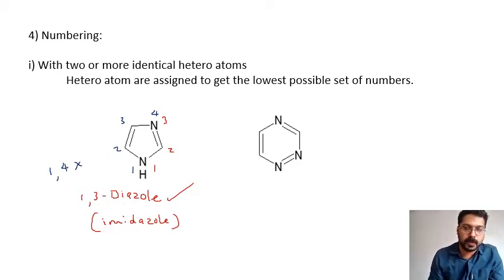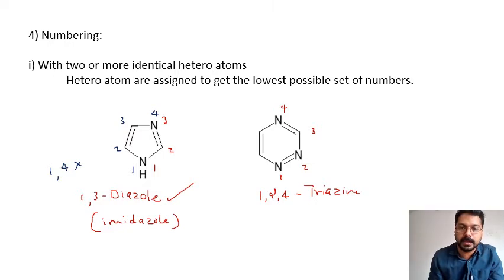If you come to this one, that is 1, you can write it as 1, 2, 3, 4. So the name is 1,2,4-triazine.